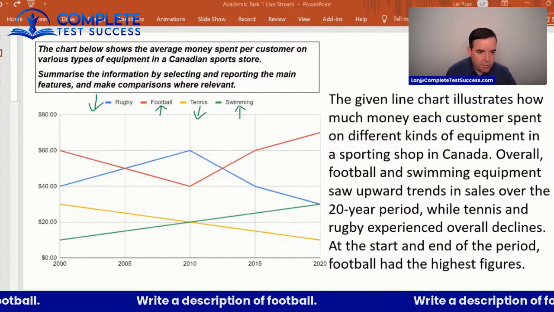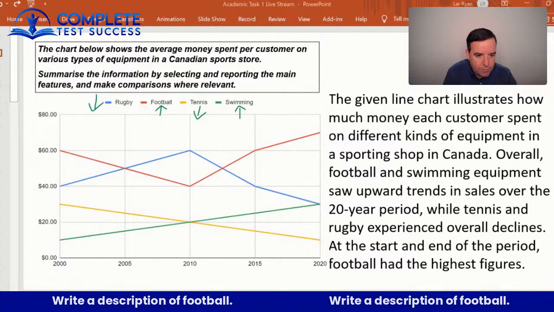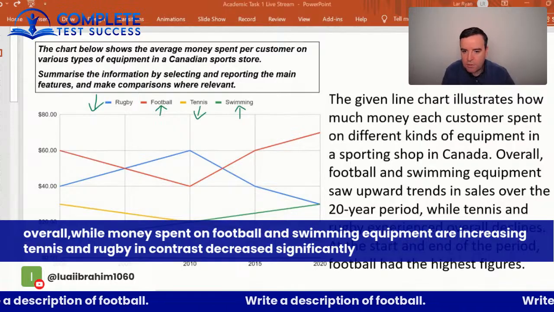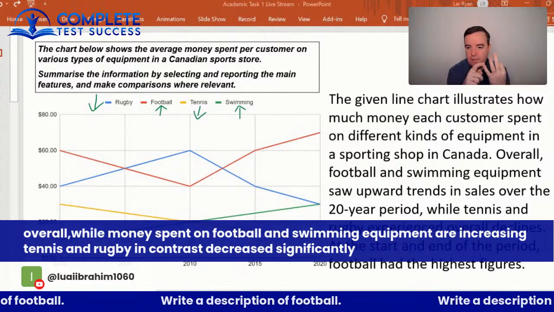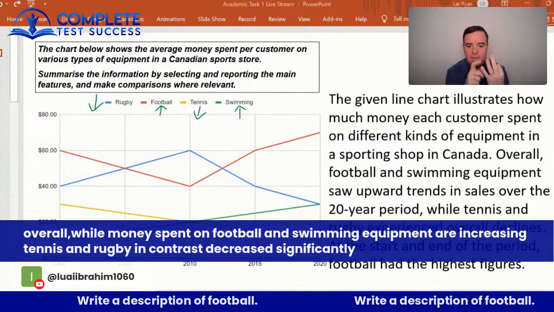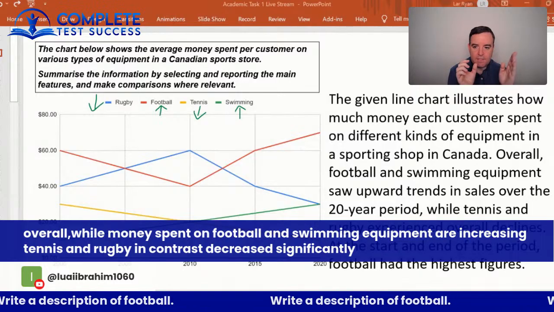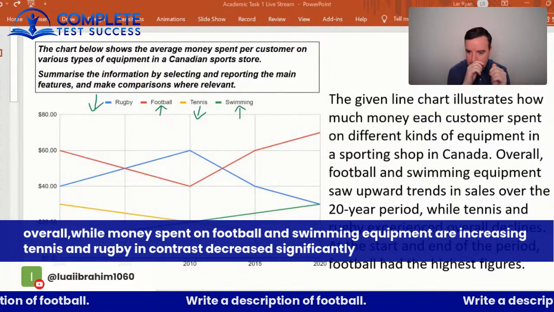Okay, so we have some other comments here that I haven't looked at yet. Lua. Overall, so straight away I see 3 punctuation mistakes. The capital letter at the start of the sentence, overall, full stop at the end of the sentence, and after the comma, we need a space.